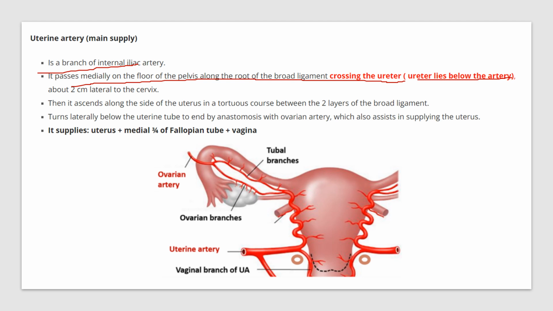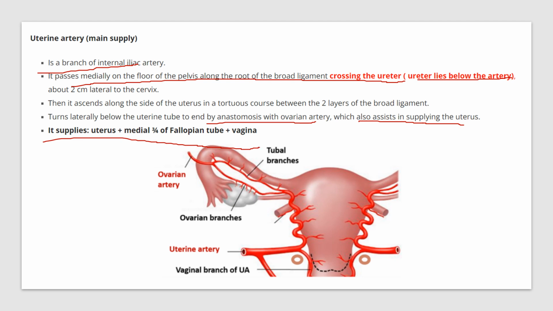About 2 centimeters lateral to the cervix, it ascends along the side of the uterus in a tortuous course between two layers of the broad ligament. It turns laterally below the uterine tube to end by anastomosis with the ovarian artery, which also assists in supplying the uterus. It supplies the uterus and middle one-third of the fallopian tube plus vagina.